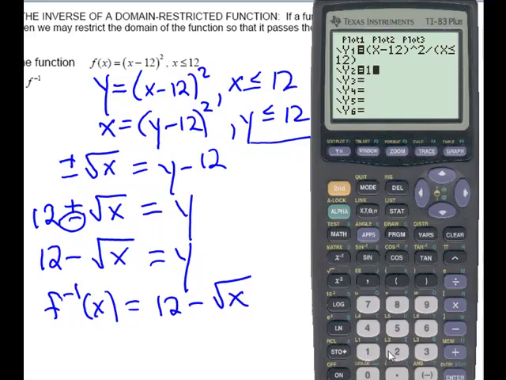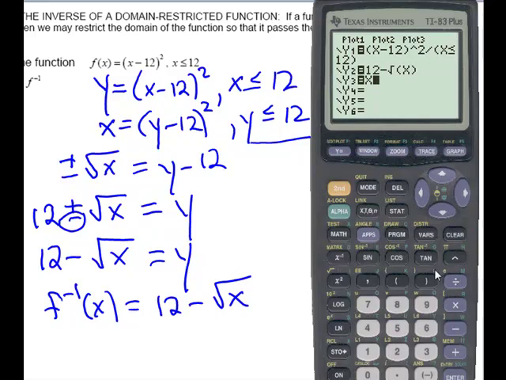Our inverse function is 12 minus square root of x. Close your parentheses, and I'll put the line y equals x.